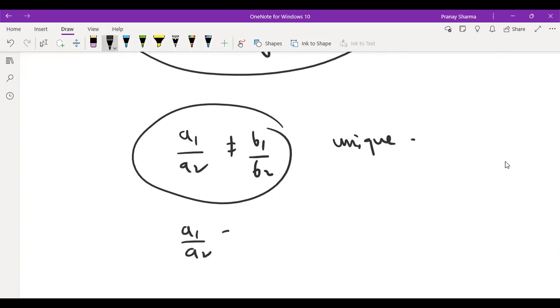If a1 upon a2 equals b1 upon b2, all right, and it should also be equal to c1 upon c2, then what sort of line is this? You can take 1 minute in order to answer this.